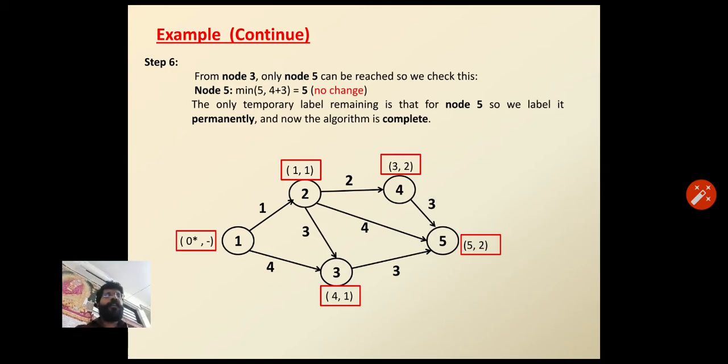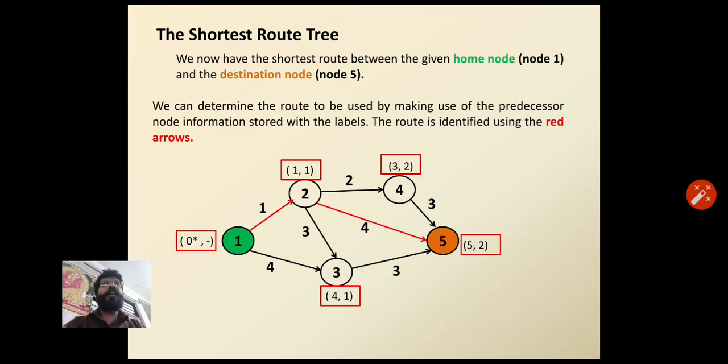After completion of calculating the minimum distance of all nodes from the source, we can find the shortest route tree. Here we have the shortest route between the given home node, that is node number 1, and the destination node, that is node number 5.